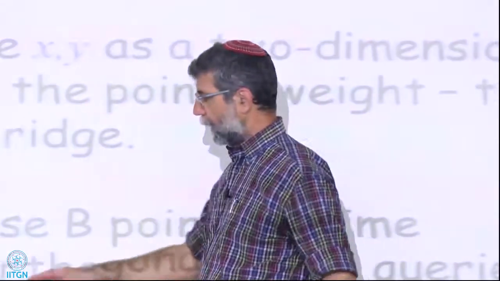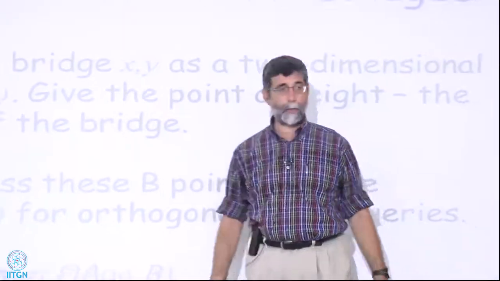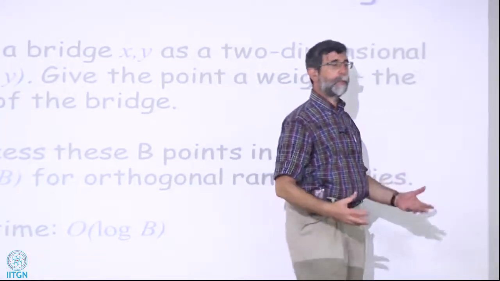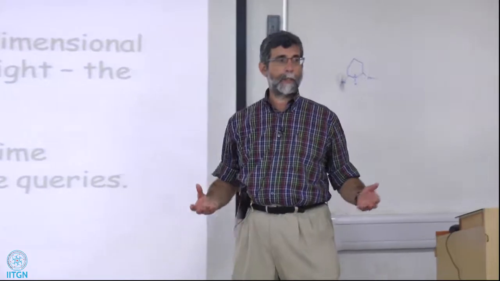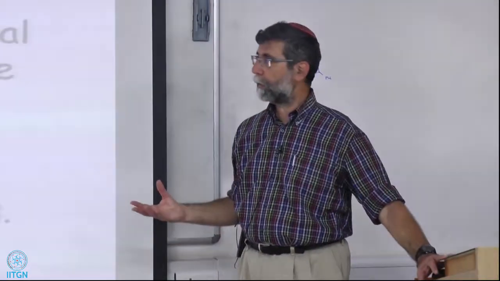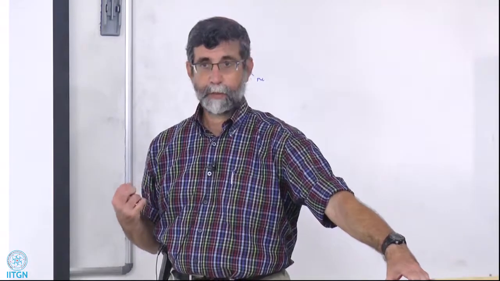And once there's a small number of optimal bridges, pre-process it for the range query, which is fine. Your pre-processing is going to be O of B log B. Your query time is going to be O of log B. If B, for example, would have been N, so you have an N log N pre-processing and log N query time, and you get your maximum LCP.